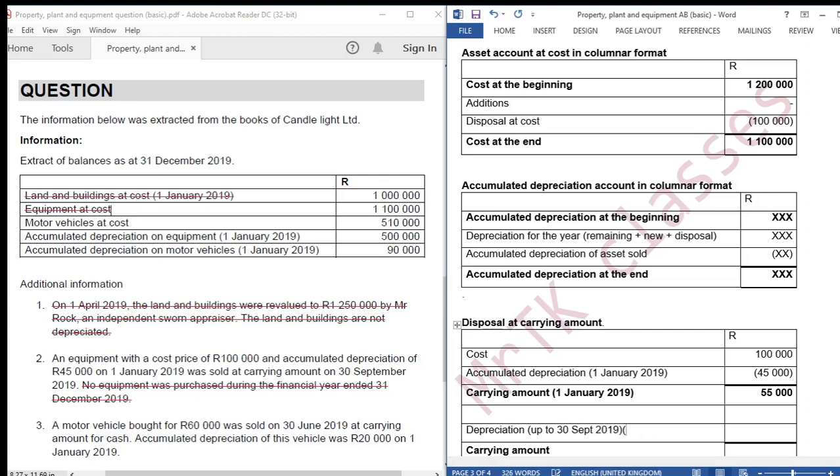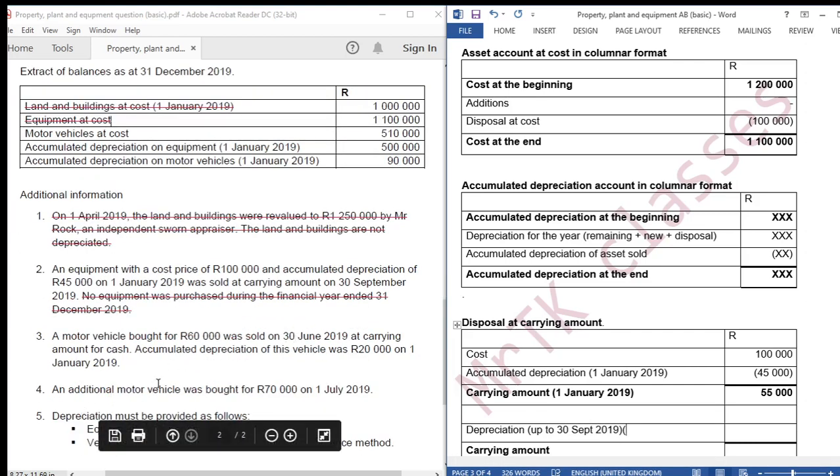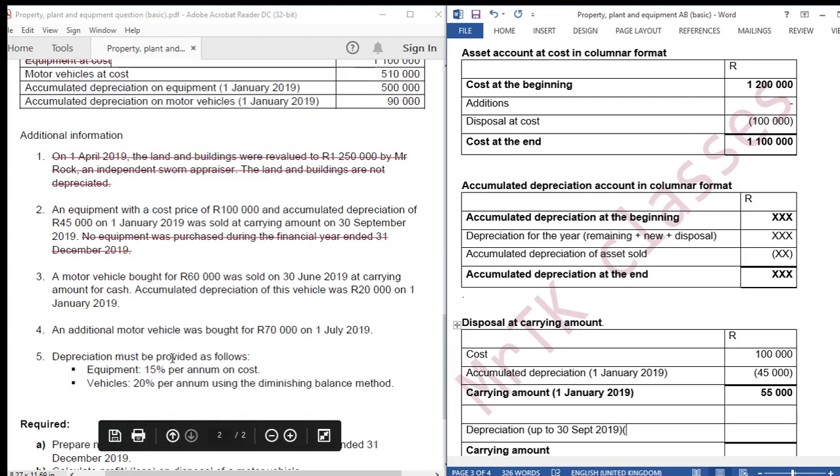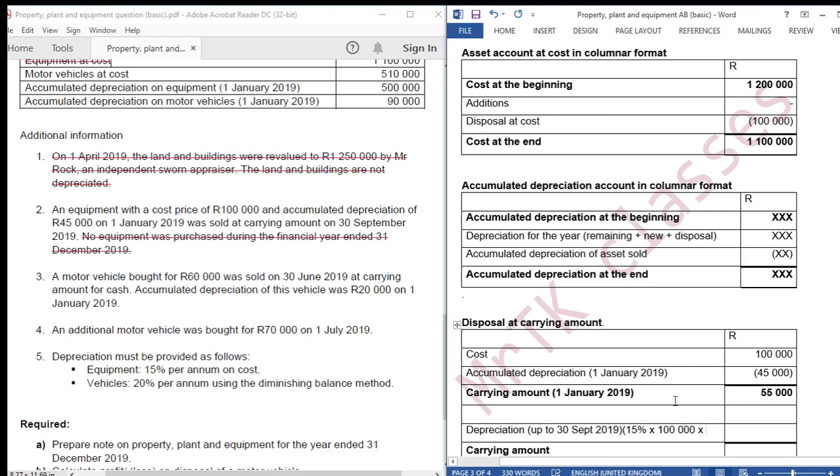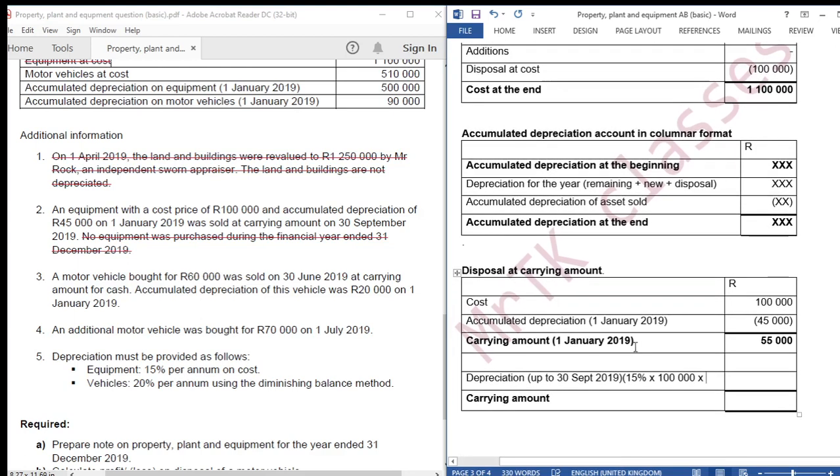So how do we calculate depreciation here? Depreciation must be provided as follows. Equipment 15% per annum on cost. So we are going to say 15%. This is the cost, right? Then we count our months here.